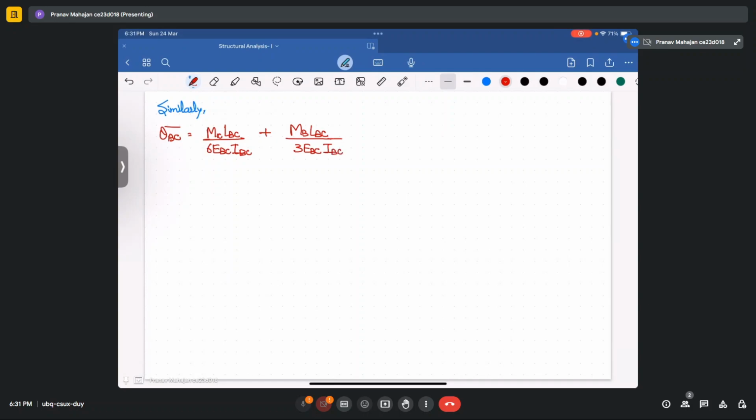Okay. Now we will apply the consistency equation. So what will be the consistency equation? That the theta at B with respect to AB will be equal to theta at B with respect to BC, but the direction will be in opposite sense. So negative will come into picture.